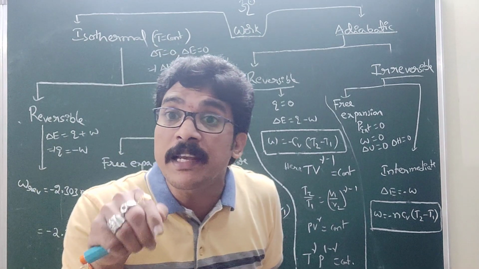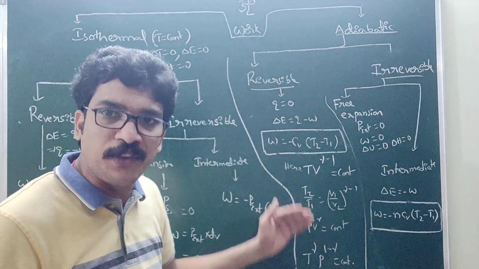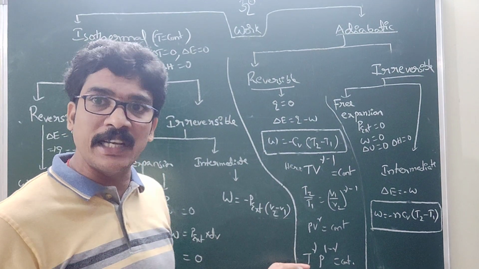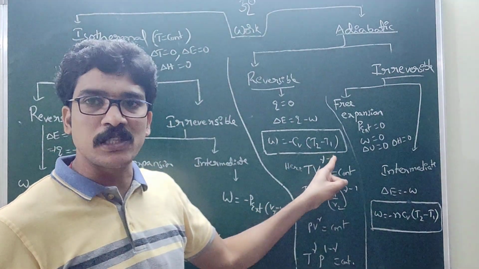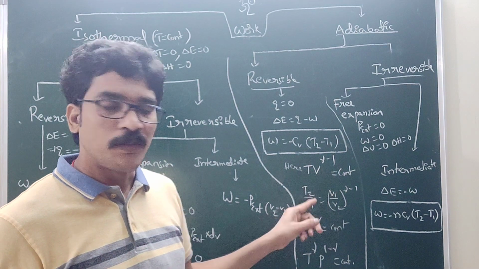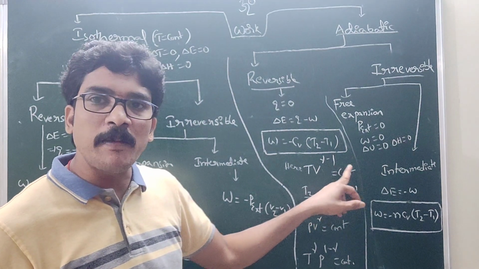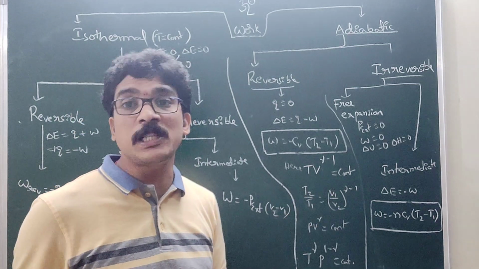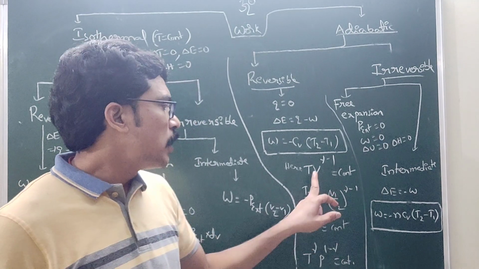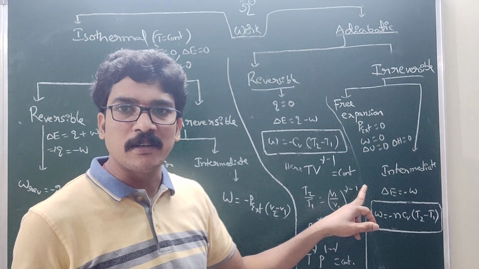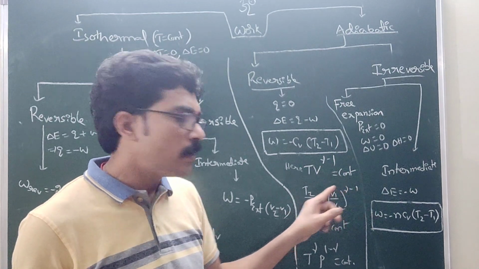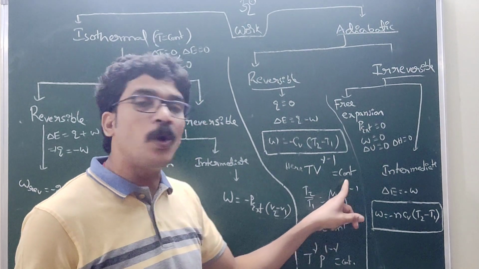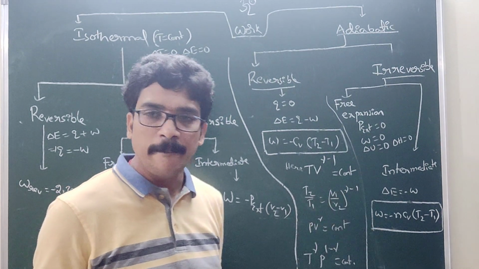That T2 can be calculated in different ways. This mathematical expression comes from integration of the work formula. Then we got TV power gamma minus 1 is equal to constant, where gamma is Cp by Cv, Poisson's ratio. By using this relation, T2 by T1 is equal to V1 by V2 whole power gamma minus 1.